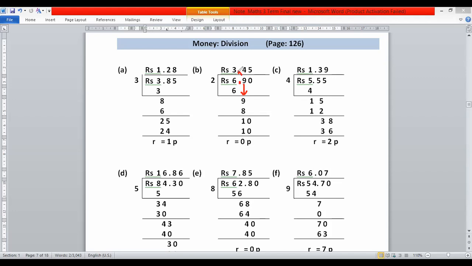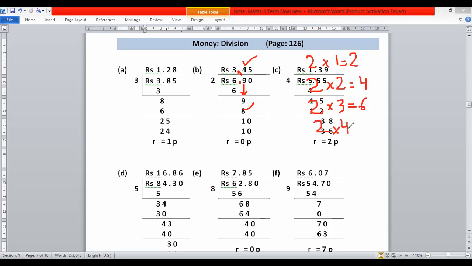Put the point and then shift 9. Divide 9 by 2. 2 multiplied by 4, we get 8. Here you can write the table of 2 like this: 2 ones are 2, 2 twos are 4, 2 threes are 6.